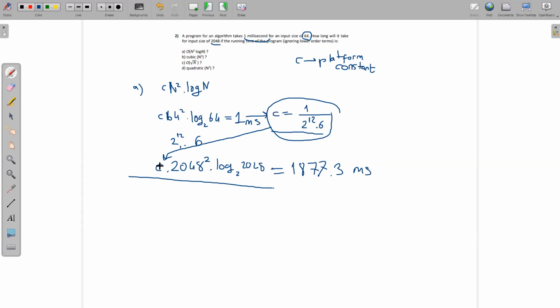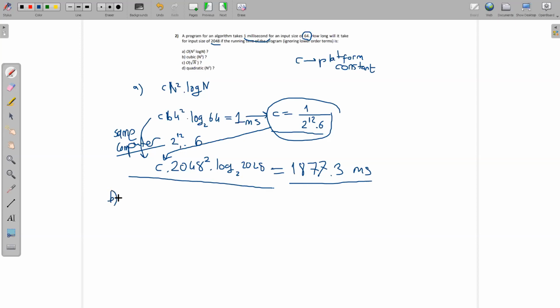Because C is the same for both, since it's the same computer, the same platform. Then it will get that value.